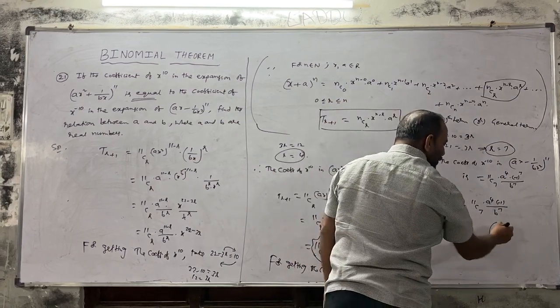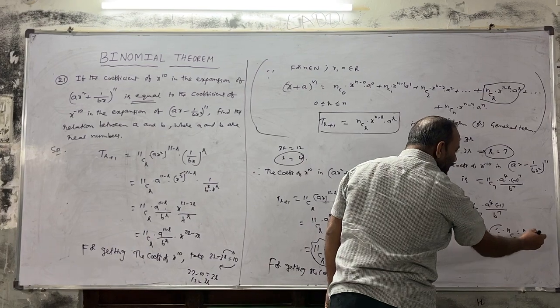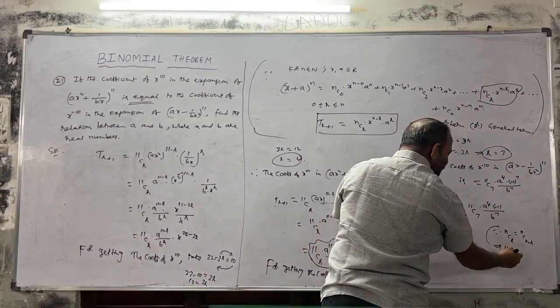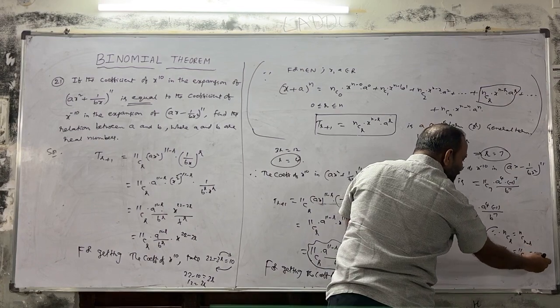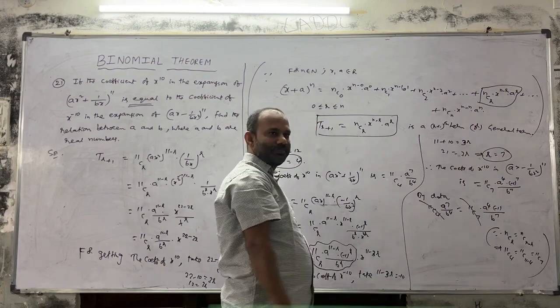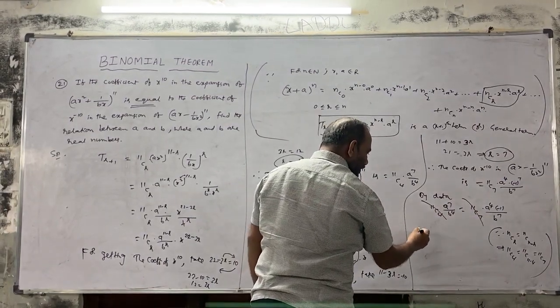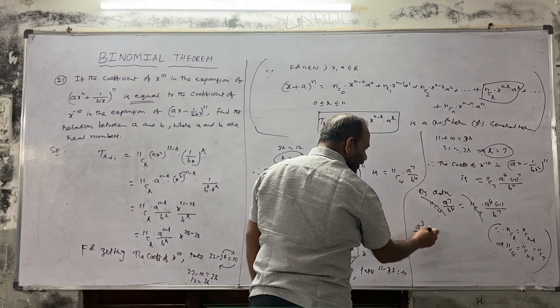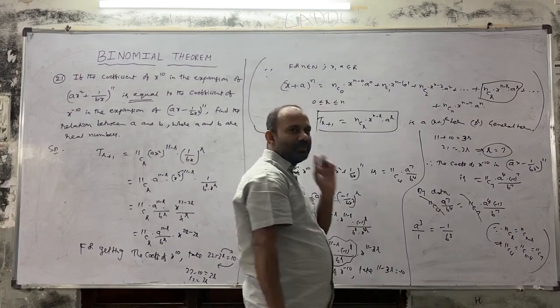But we know in the binomial theorem formula, nCr equals nC(n minus r). That implies 11c4 equals 11c(11 minus 4), that is 11c7. So 11c4 and 11c7 cancel. Next, cross multiplication: a cube divided by 1 equal to minus 1 by b cube.